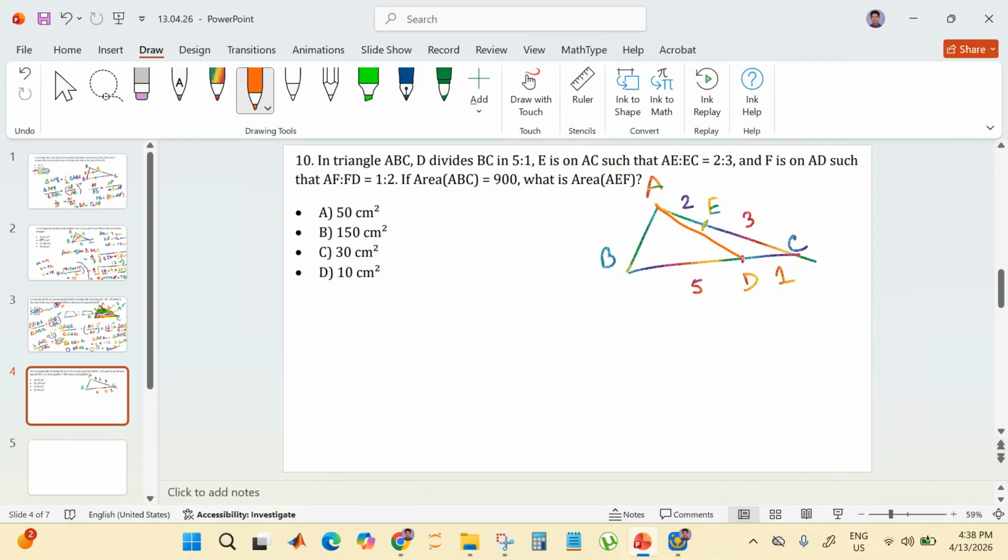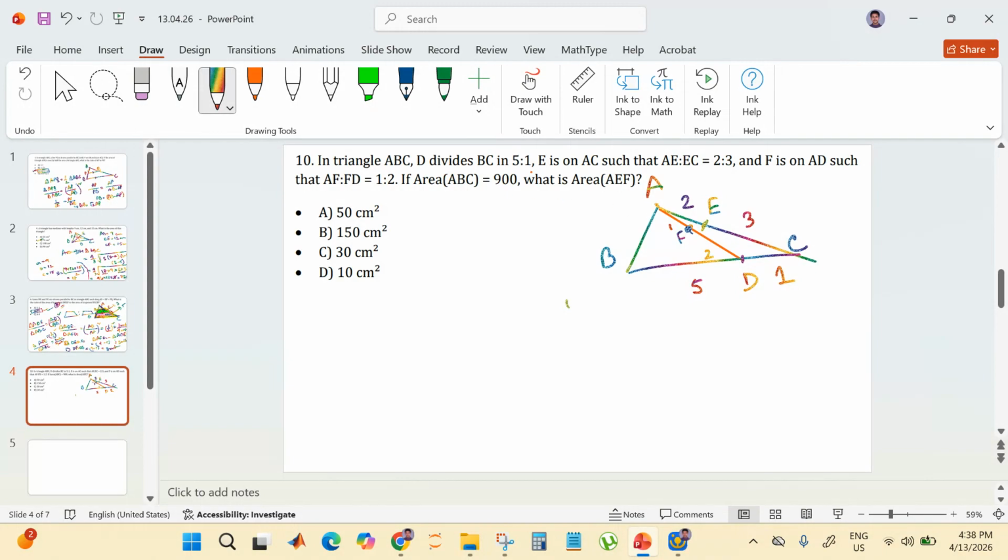This is the AD. So take a point, suppose here. This point, suppose it is F. So it is 1 is to 2.